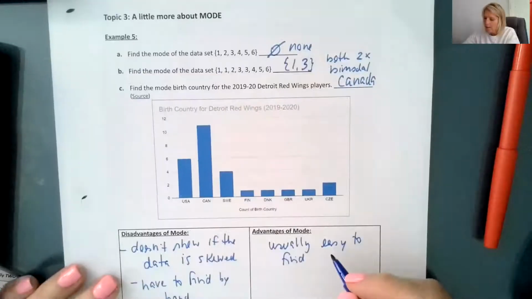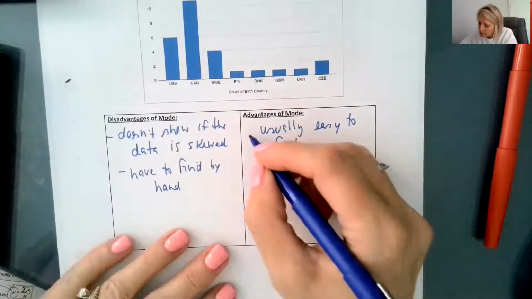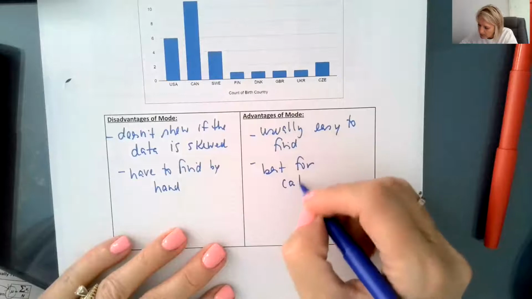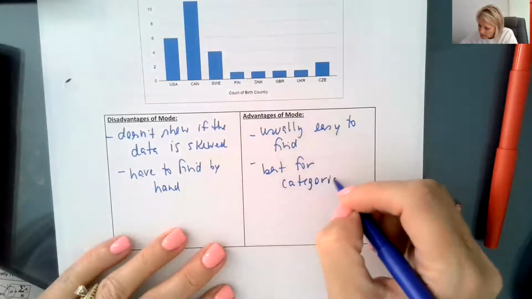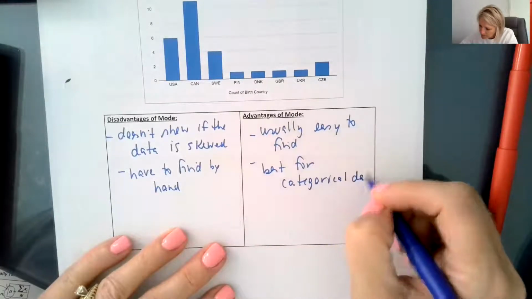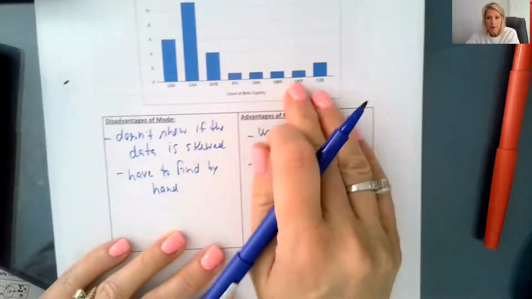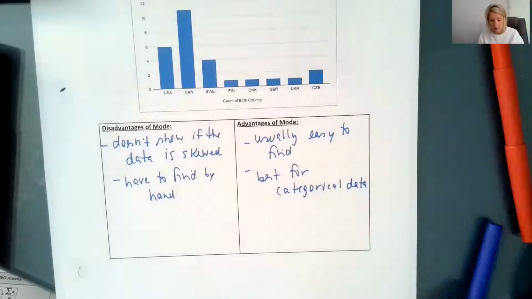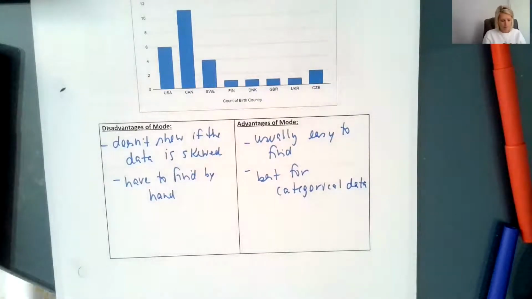So yeah, and this is best for categorical data. Like this here. Eye color is another good one because there's few. Blood type would be another good one to go on.